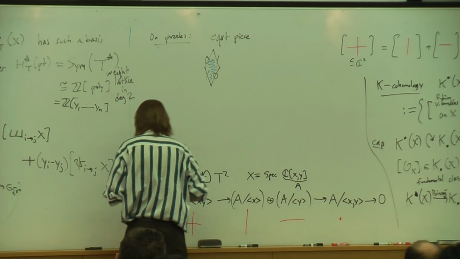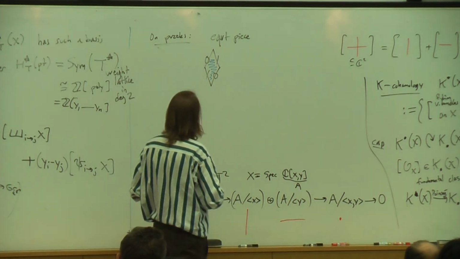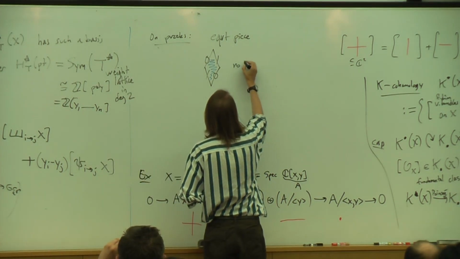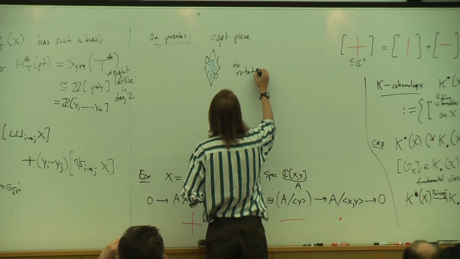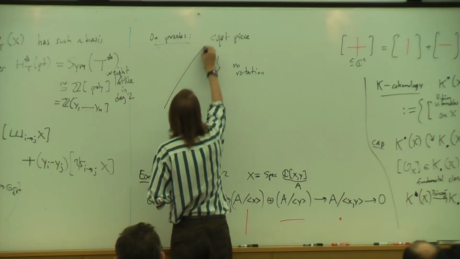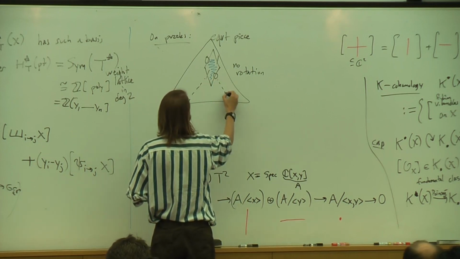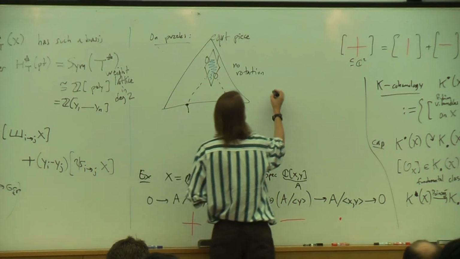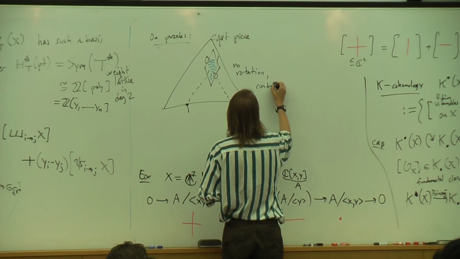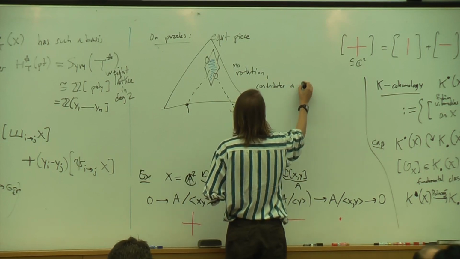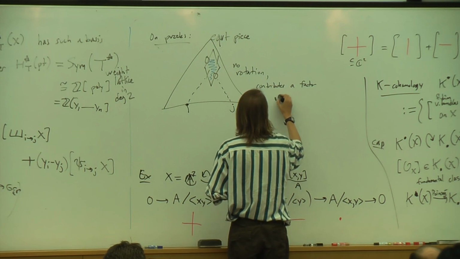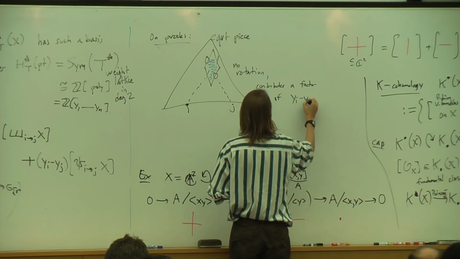So in my paper with Terry's out, they're always blue. No rotation. And it's going to sit somewhere in the puzzle, in the ij place. And it contributes a factor of yi minus yj.